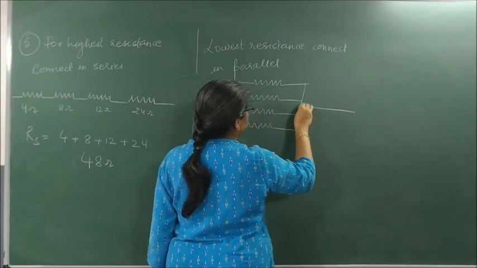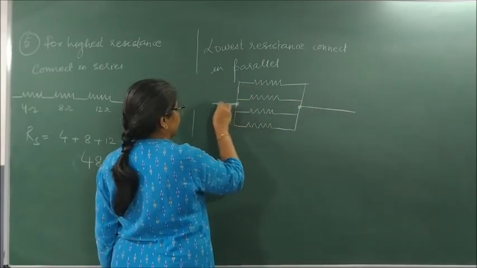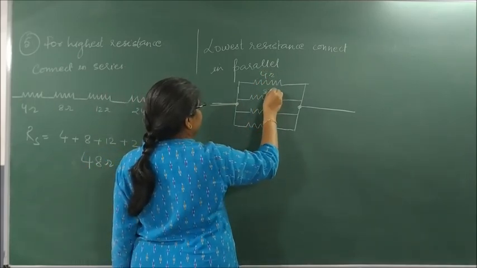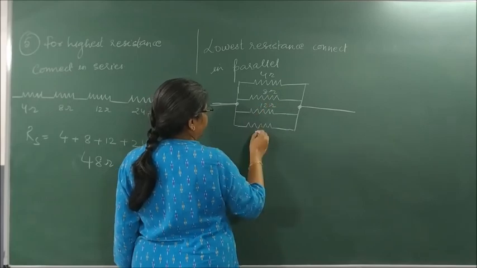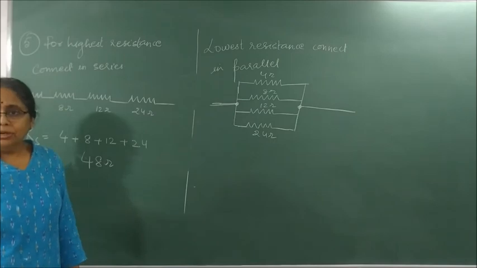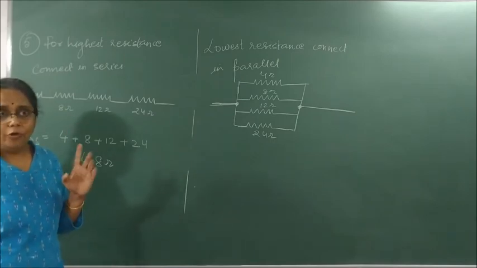This is how you get the wires joined at the ends. So you have 4 ohm, 8 ohm, 12 ohm and 24 ohm. What should my answer be? My answer should be less than 4 ohms.